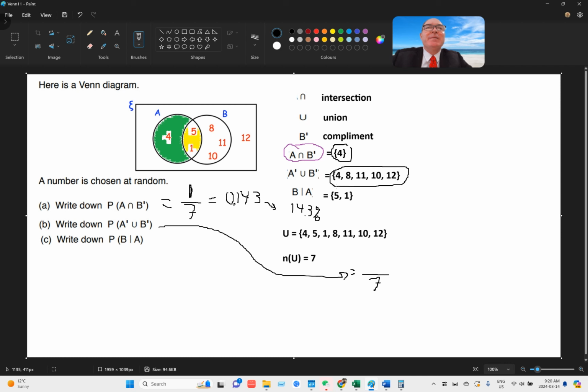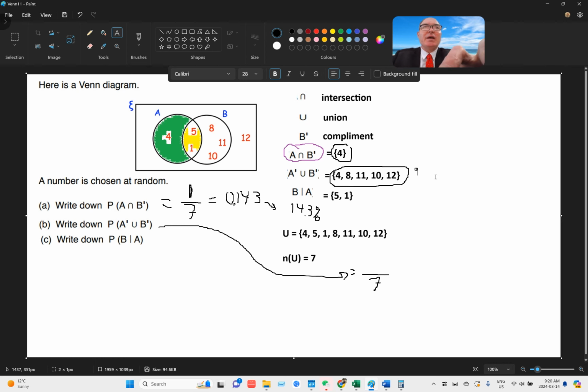How many in there? 1, 2, 3, 4, 5. Well, let's write that out. I've got n of A complement union B complement is equal to, that was a 5, we said.